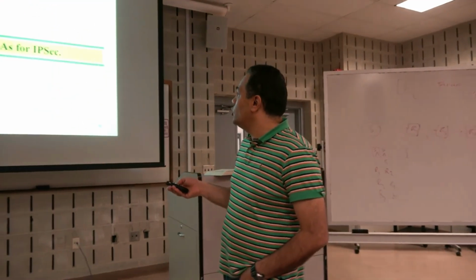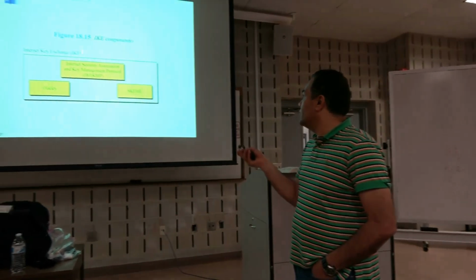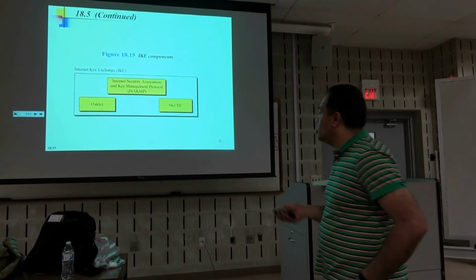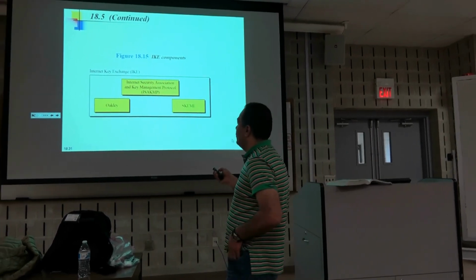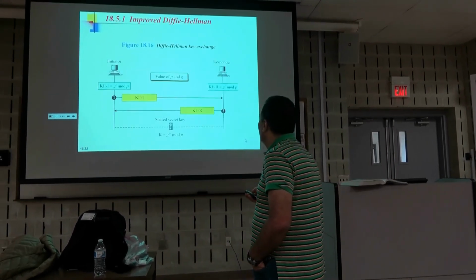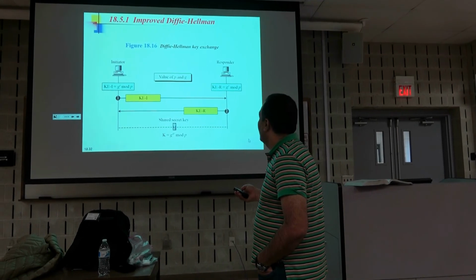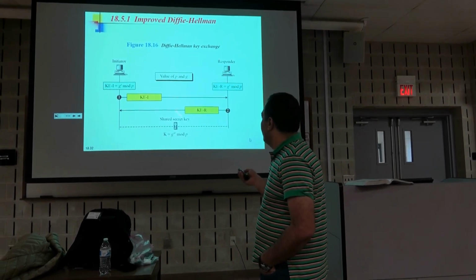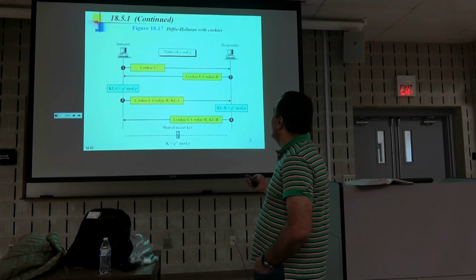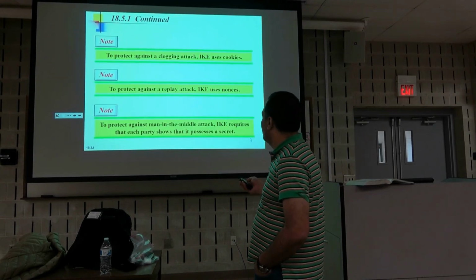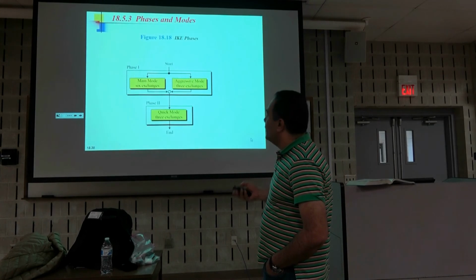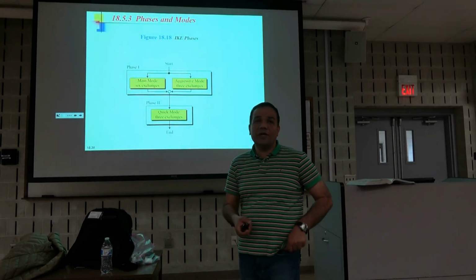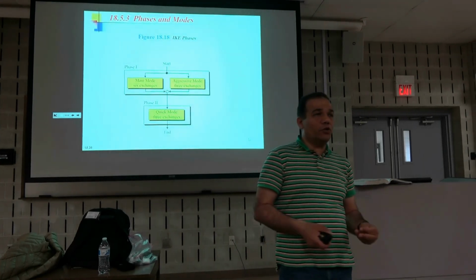Then we said there are 2 phases. There is the IKE, which is a combination of 3 protocols. Basically we start by using Diffie-Hellman or fixed Diffie-Hellman or different protocols. But for that we need to have another security association. We need to know the initial parameters. So we created the security association in 2 phases: phase 1 and phase 2.